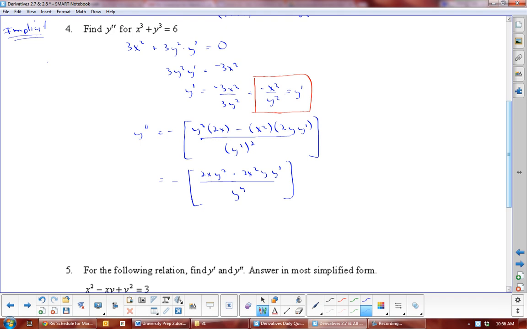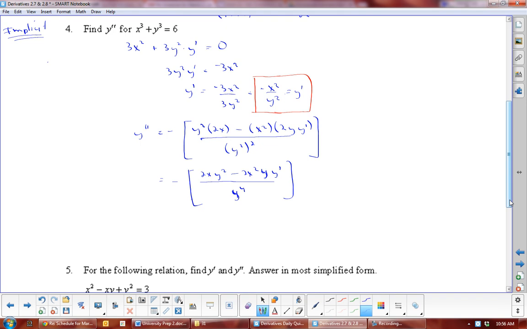Do you see anything we can do? Yeah, we could factor out. We'd factor out 2x up top, right? Or 2xy.